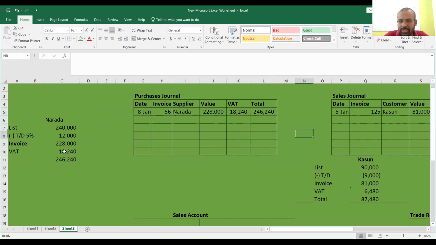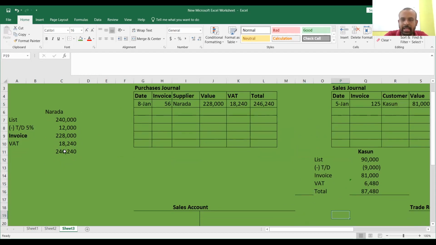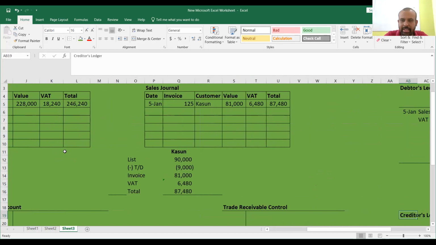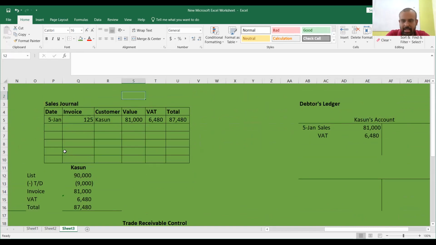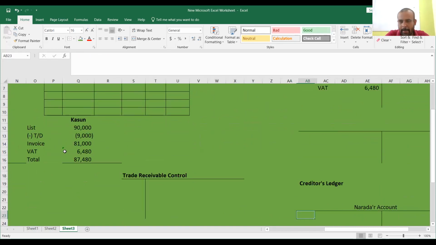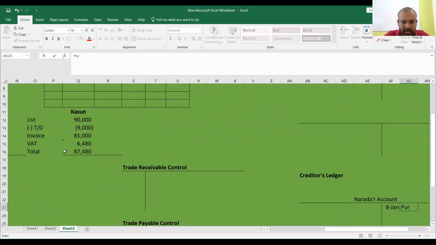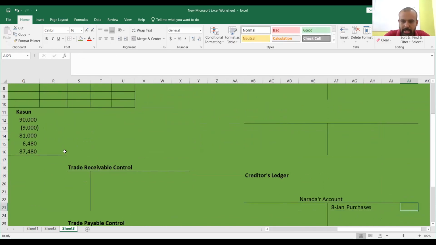Okay. Now what shall we do? On the same day you need to update the creditors ledger. Narada's account need to be updated. Remember, individual ledger account must be updated soon after the transaction takes place. So Narada's account must be credited. 8 January, same purchases, how much you credit?